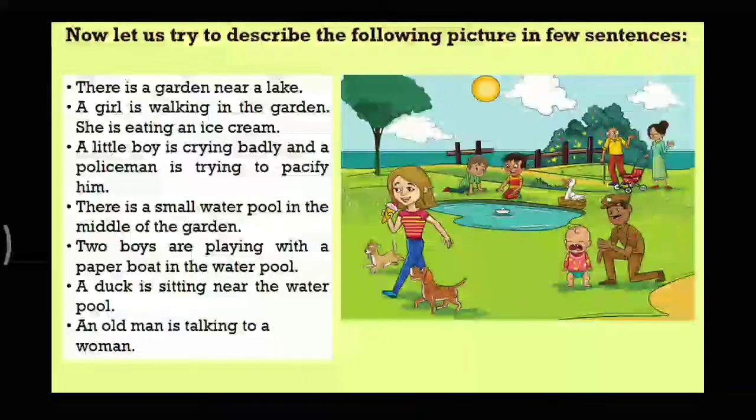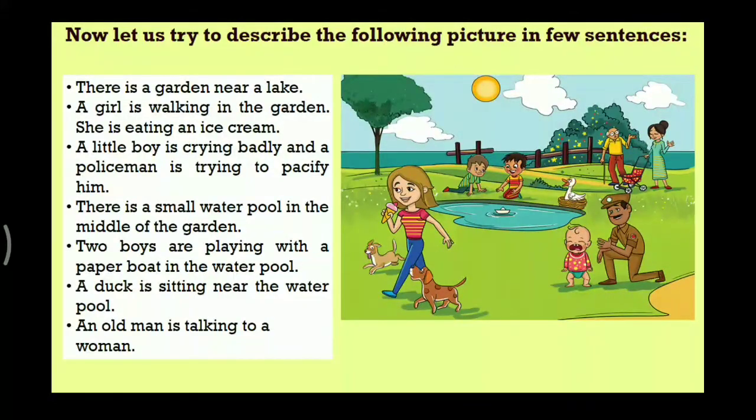Yes, there is a garden near a lake. A girl is walking in the garden. Yes, she is eating an ice cream, right? And a little boy is crying badly, and a policeman is trying to pacify him. And there is a small water pool in the middle of the garden.